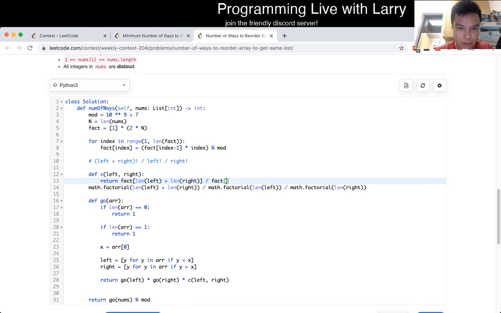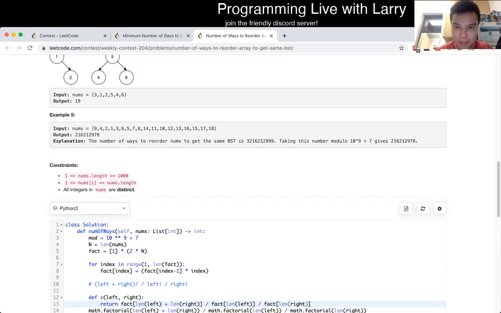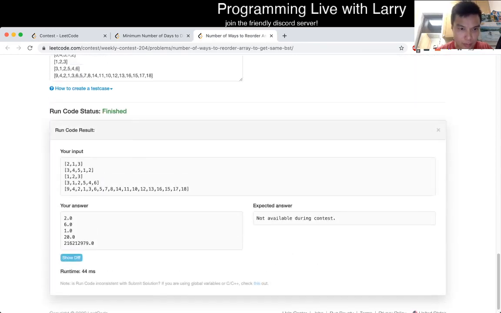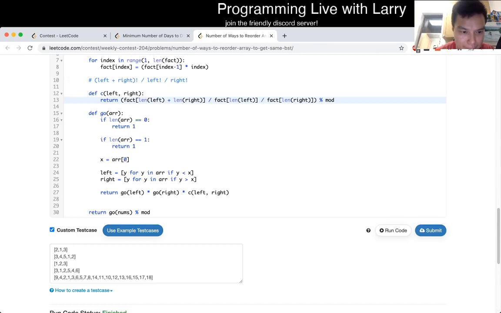This is actually annoying. Maybe I'll leave it. Is that a lot of numbers? Yeah, I don't want to deal with the inverse mod right now. We get full.